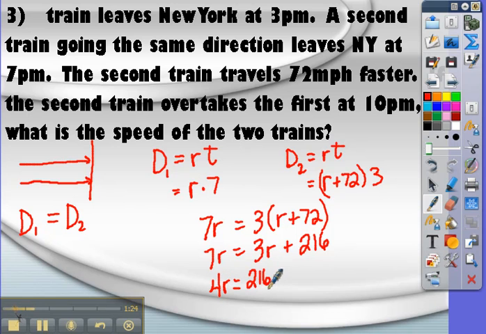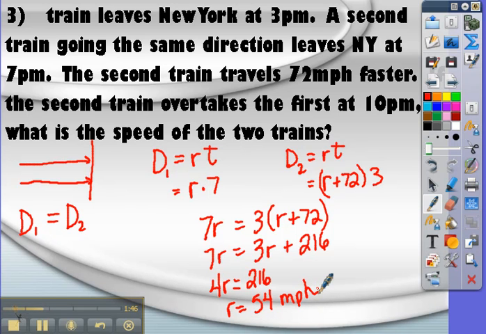Divide both sides by 4, and you get 54. That's the rate of the first train. The question says, what is the speed of the 2 train? So that one's 54. Then you come over here, add 72 to it, and those are your 2 rates for your trains.